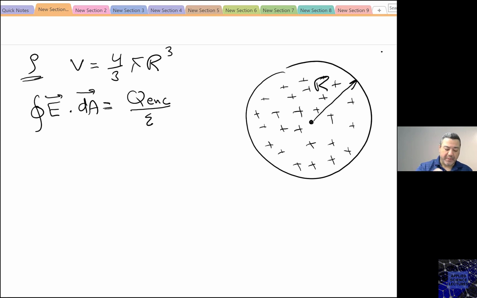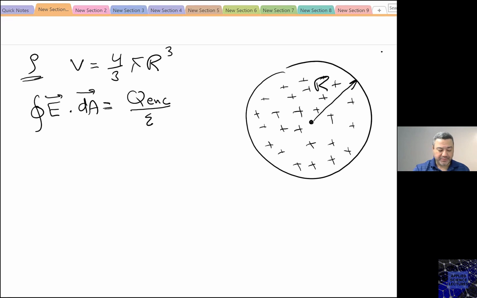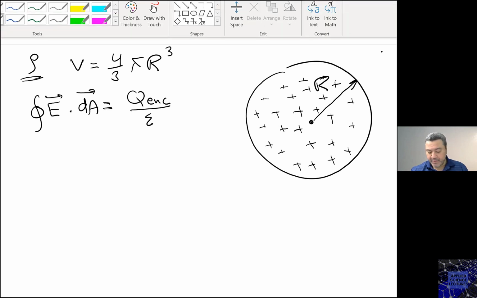Now, when we dealt with conductors, charges were either at the surface or a point charge in the middle of the cavity. Here it is a bit different. We will see why it is different. So let's draw my Gaussian surface.